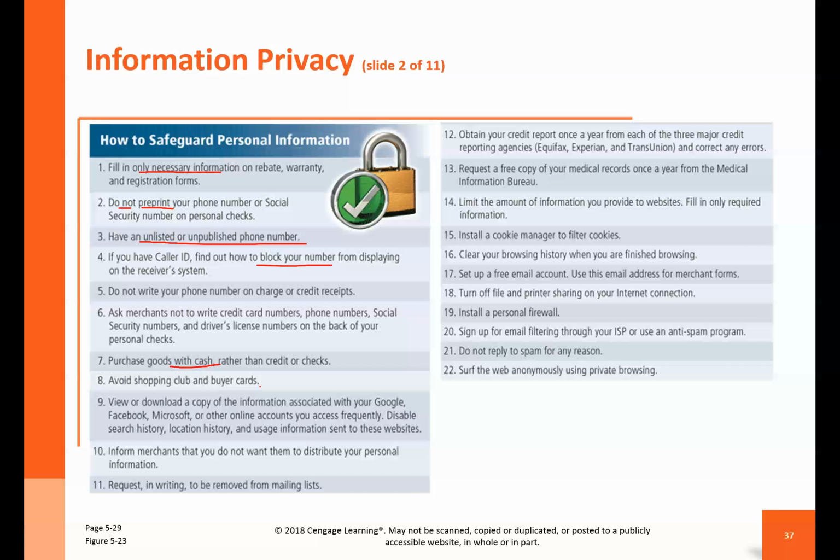And view or download a copy of the data associated with all those social media. So make sure you take note of the terms of all the social media sharing your information, because they may be exposing your information to the outside world. And if possible, see if you can disable all the history keeping of those websites. Even though they may still be keeping your history, disabling it explicitly is an important step.